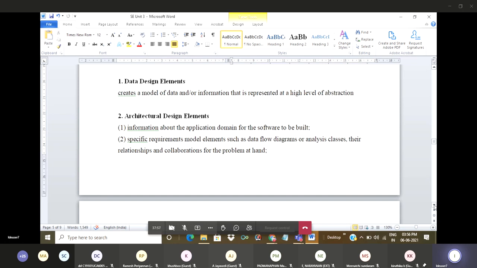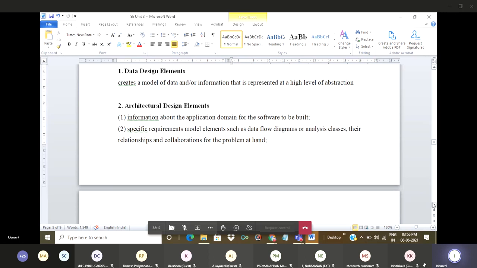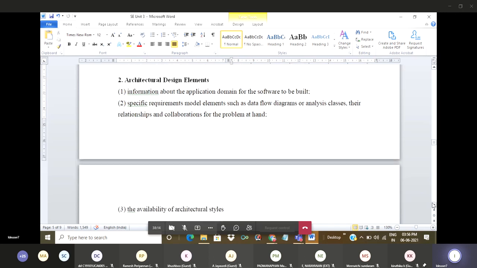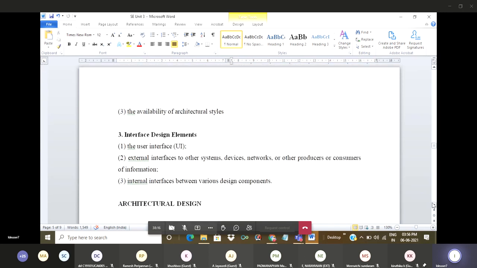Second is specific requirement model elements such as data flow diagram or analysis classes, relationships and collaborations for the problem at hand. Third is availability of architectural styles.